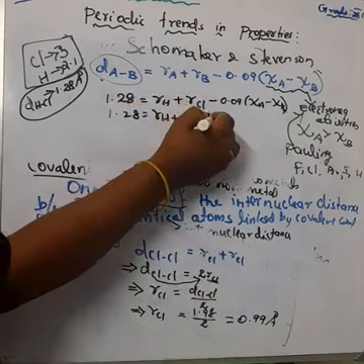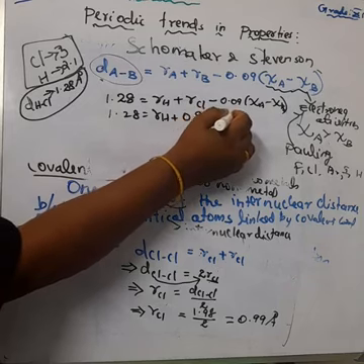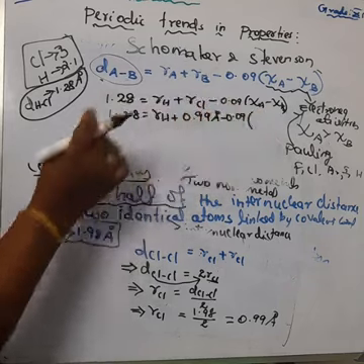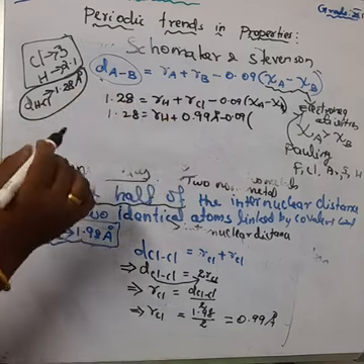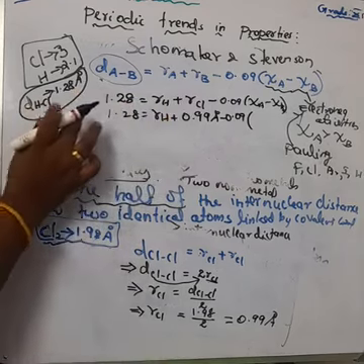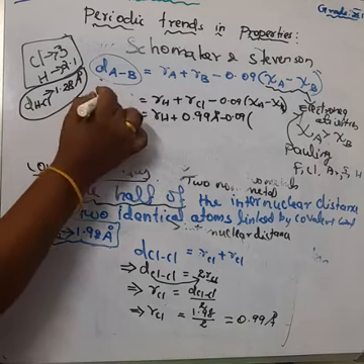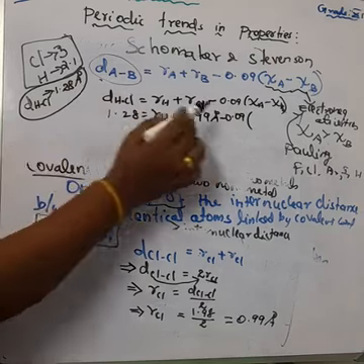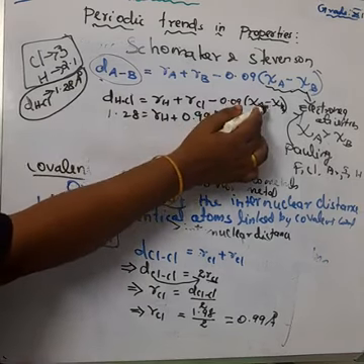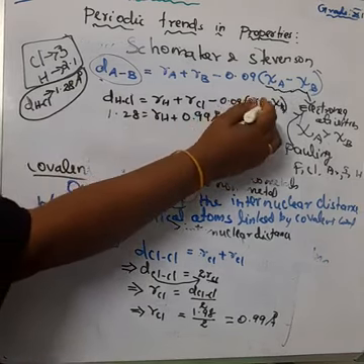What is the formula we are using here? D_HCl is equal to R_H plus R_Cl minus 0.09 into (chi of chlorine minus chi of hydrogen).